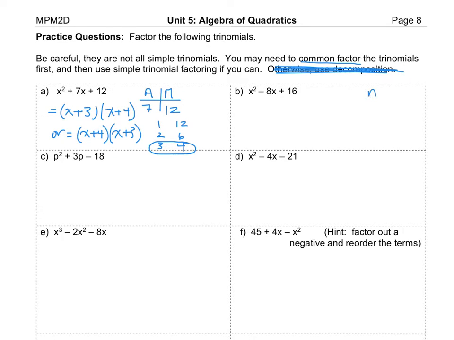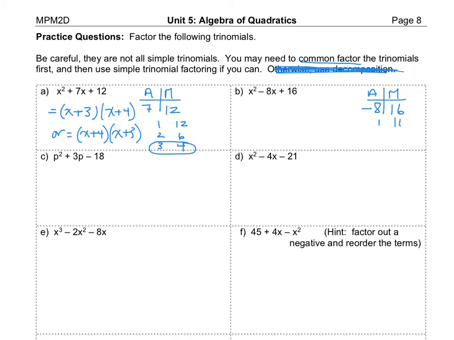We're looking for two numbers that are going to add to the middle term, the b. We're adding to negative 8 and multiplying to positive 16. So when we multiply to a positive, the signs of the numbers have to be the same, and because I'm adding to a negative, they're both going to be negative.